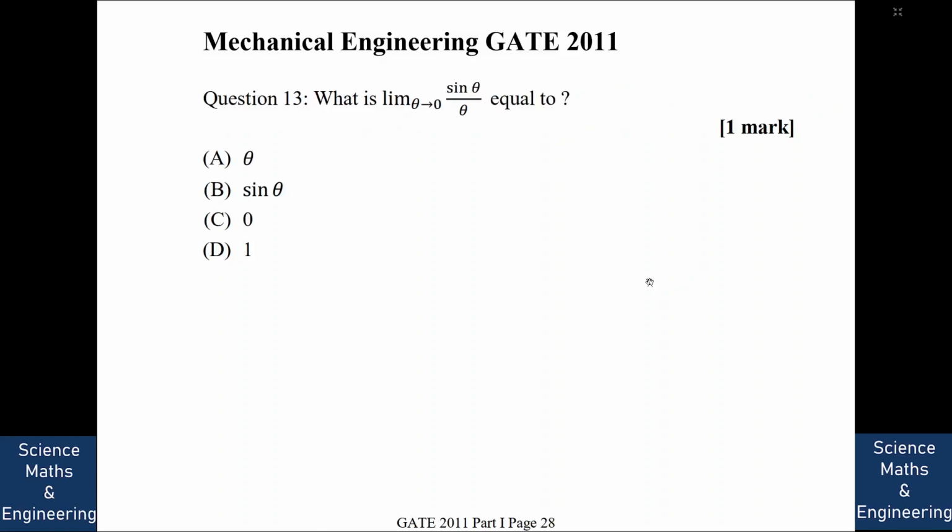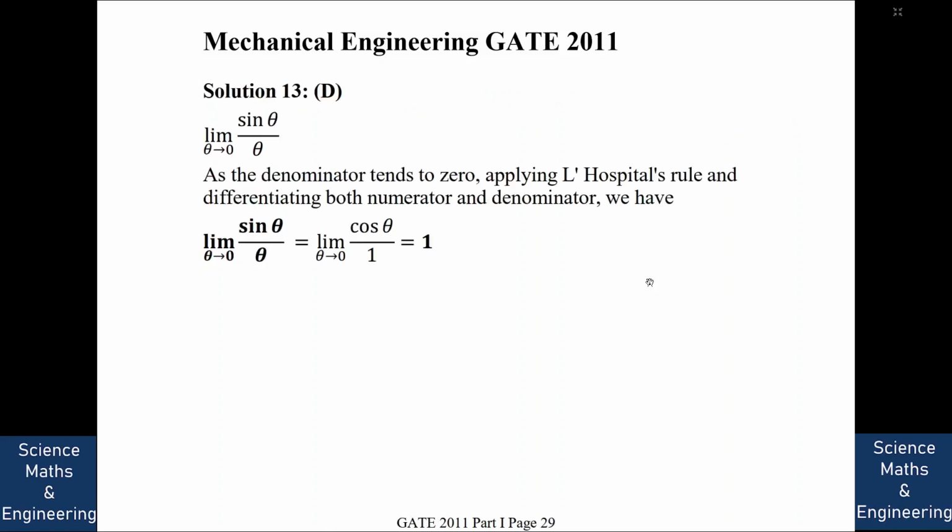Next question. What is limit theta tends to 0 sine theta by theta equal to? So the answer is 1. Here if we put theta equal to 0, we get that both numerator and denominator are 0.